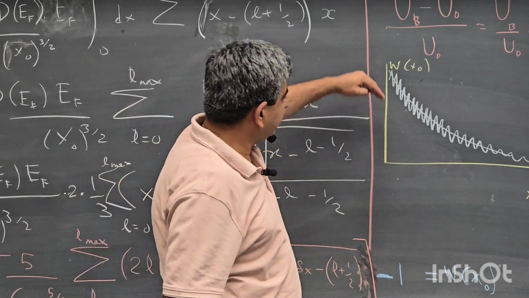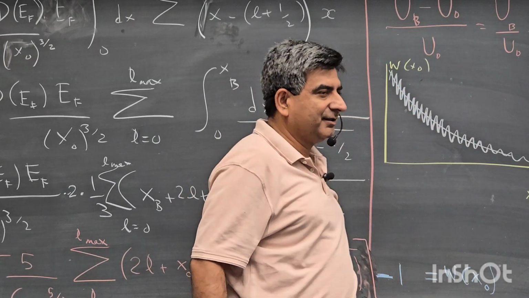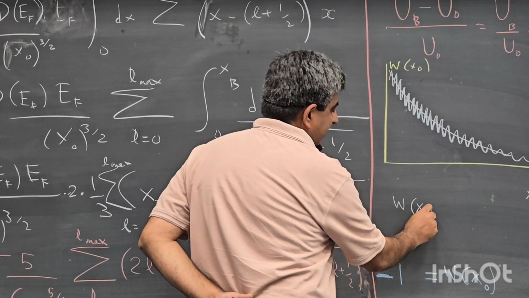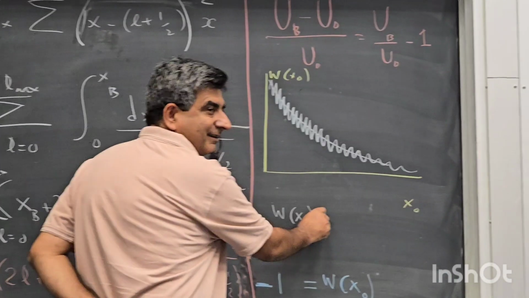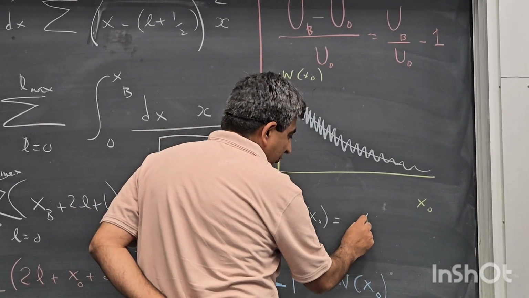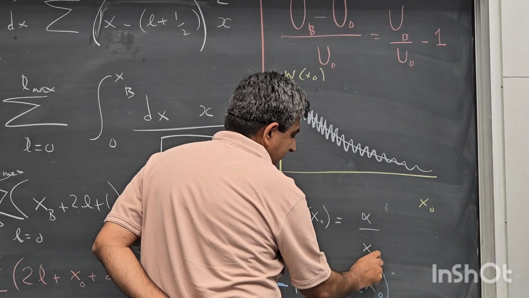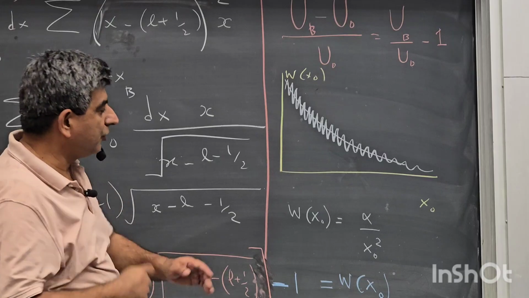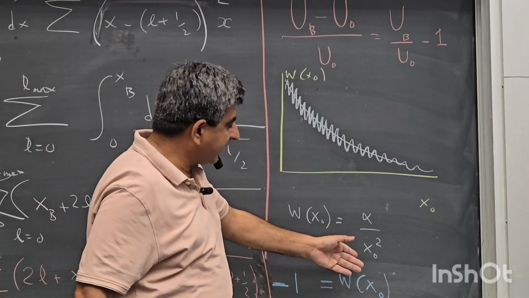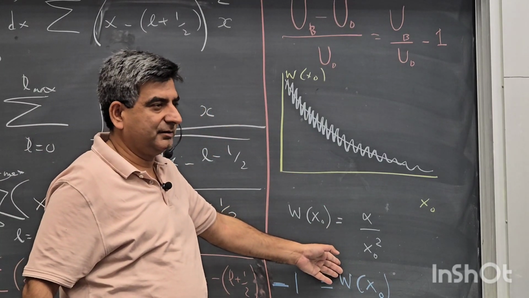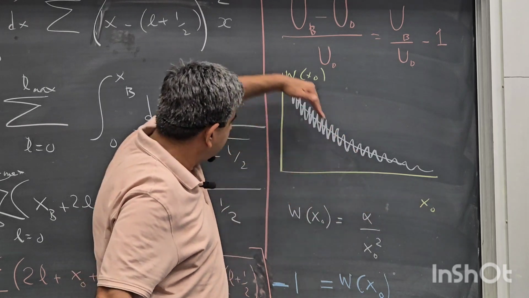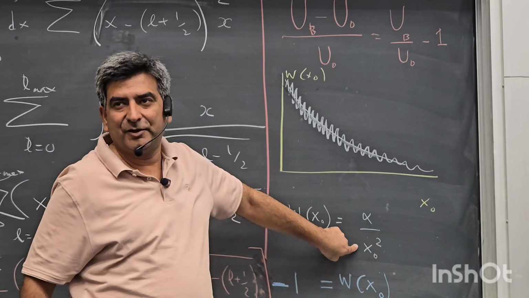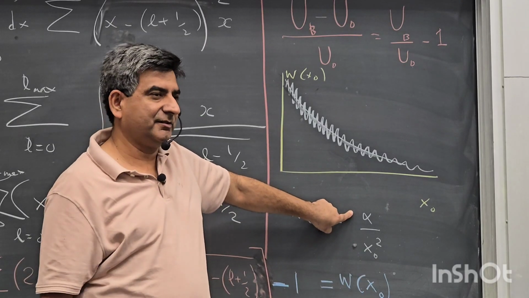The proposal is that the mean value of these oscillations, Wx naught, is some constant divided by x naught square. So it's a decaying parabola. As x naught goes large, the average value of these oscillations drops as 1 over x naught square with some constant of proportionality alpha.